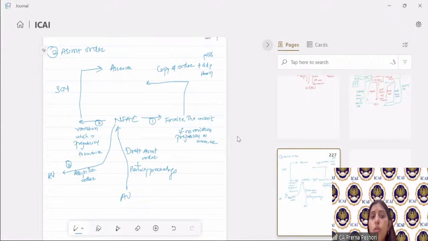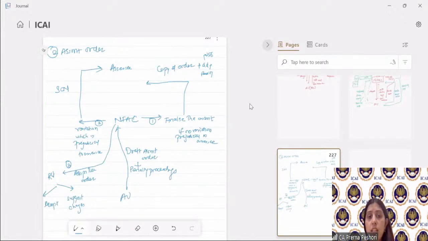Now, based on the review, the review unit can either say that the assessment order is proper and intimate this to NFSC, or the review unit may tell NFSC that, okay, these are the changes which are suggested. So review unit can either accept or suggest changes in the order.